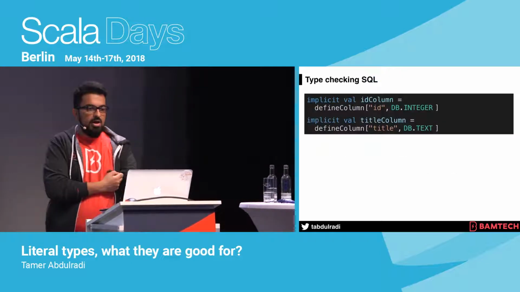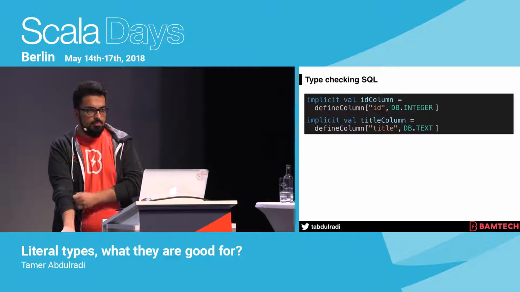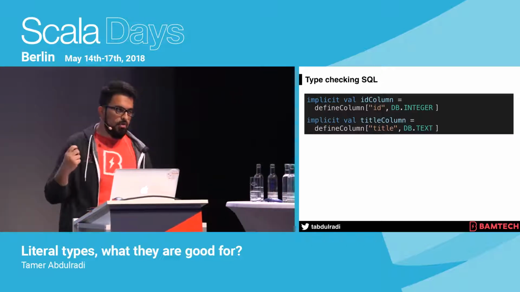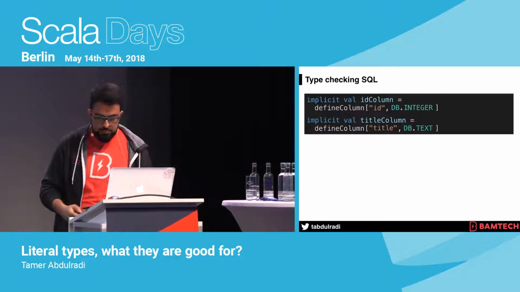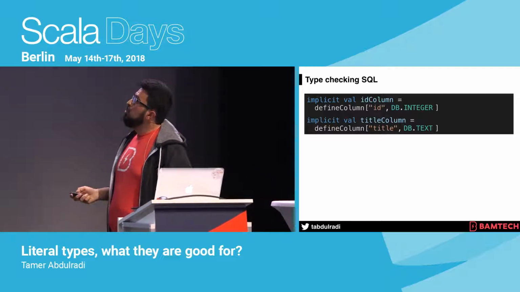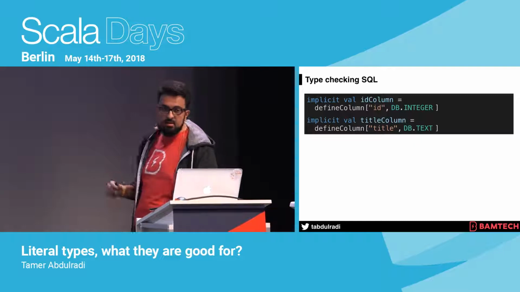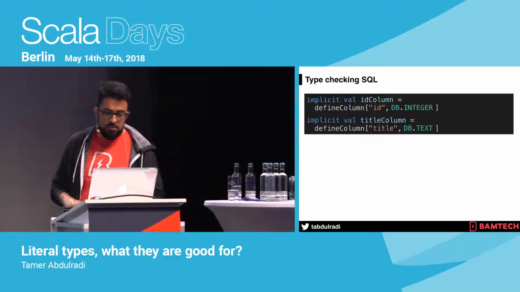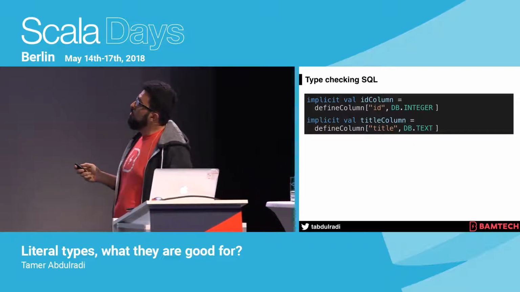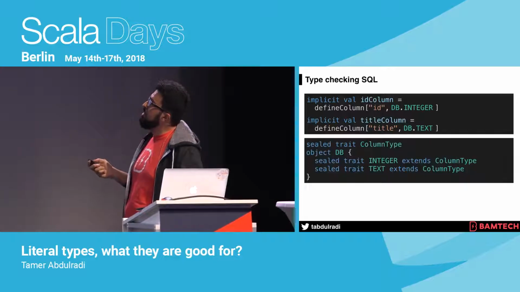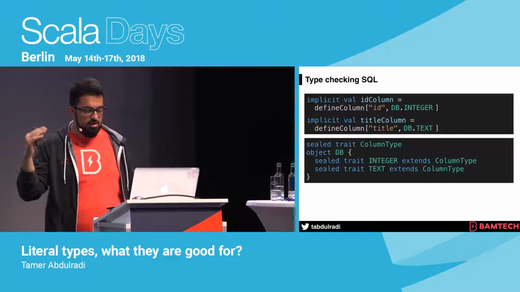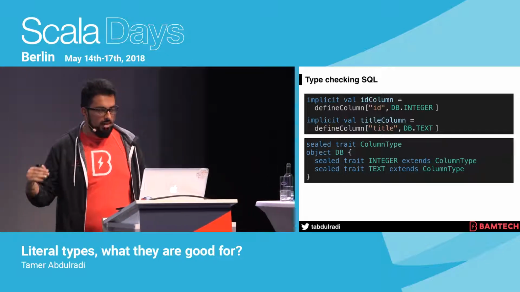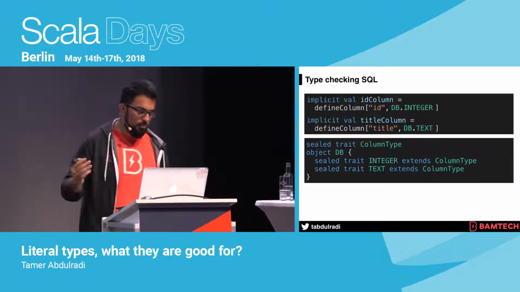So this is how I represent the schema. Every column in my schema is an implicit instance. Column names here are represented as literal types. And finally, the column types themselves are a bunch of sealed traits, created for every type in my database.